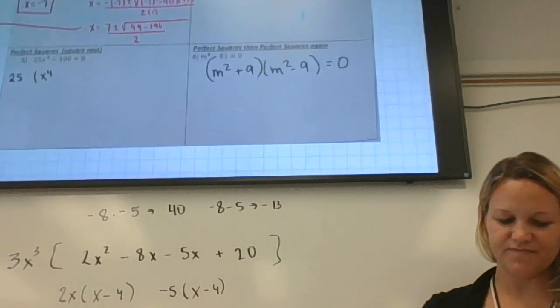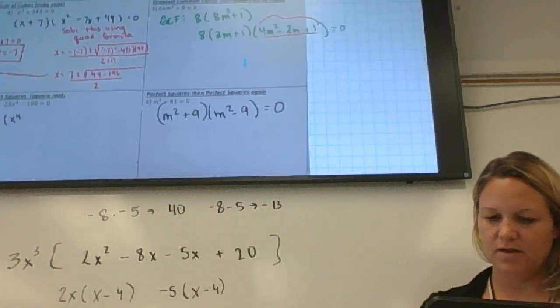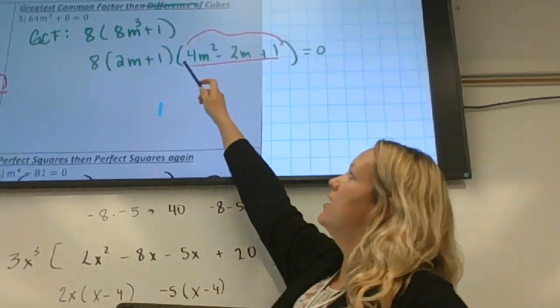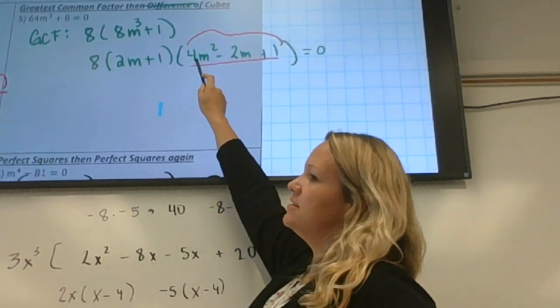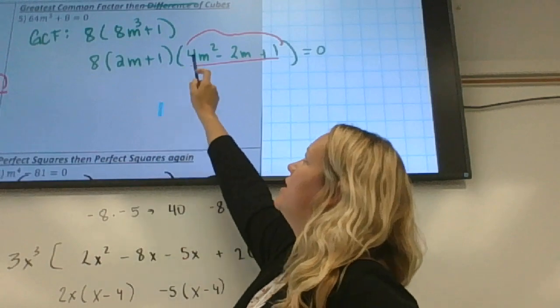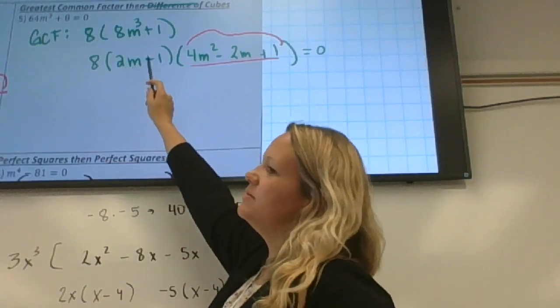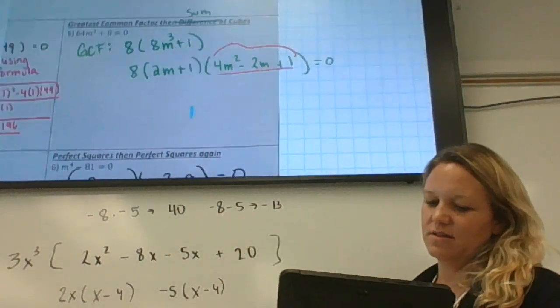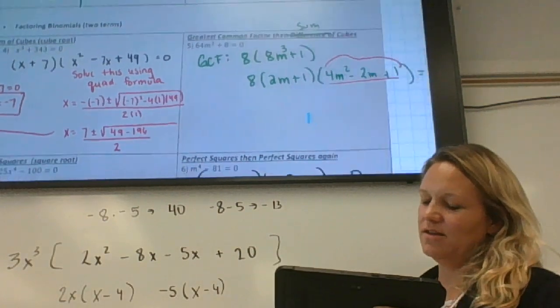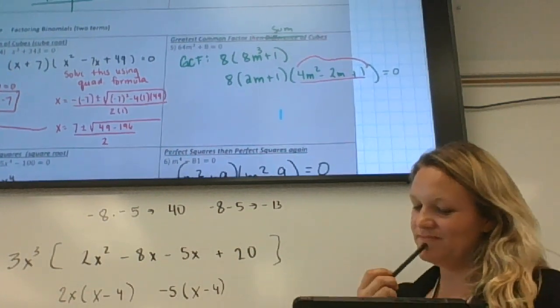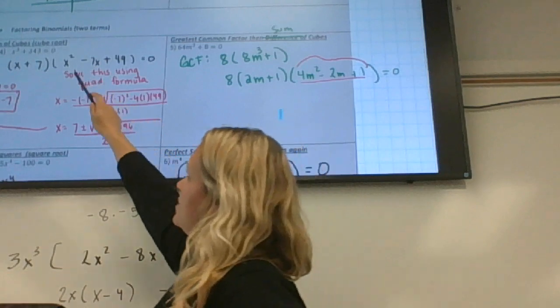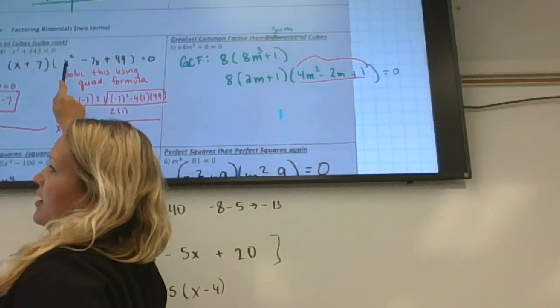Jade? I'm going to square the first. So 2 squared is 4, m squared. So you see how this x got squared right here?